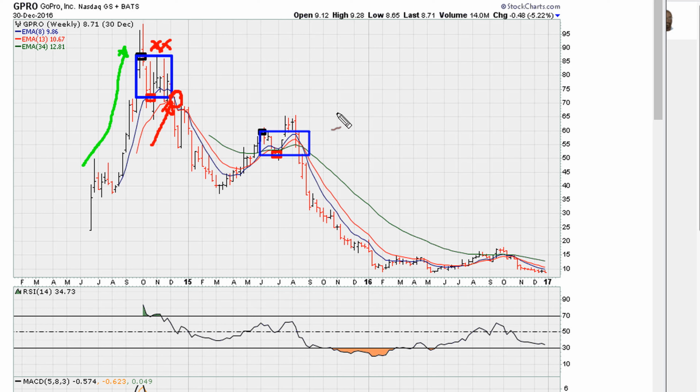So what happens here is there's a failed breakout. You break out, hold above that level, and then you fail. That's, of course, number one warning sign. Second warning sign is this break right here. Violation of the base. And if you took that sell signal, clearly a sell signal, you see that you come from 50s all the way to single digits.